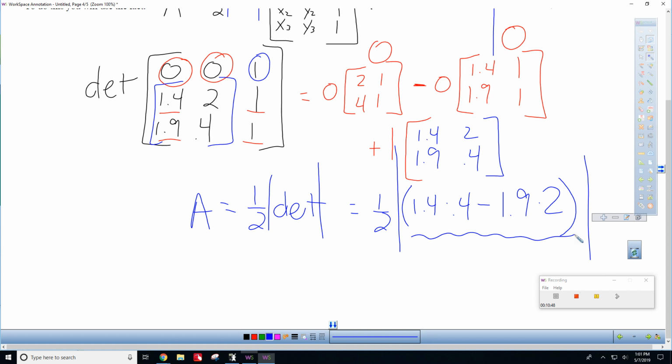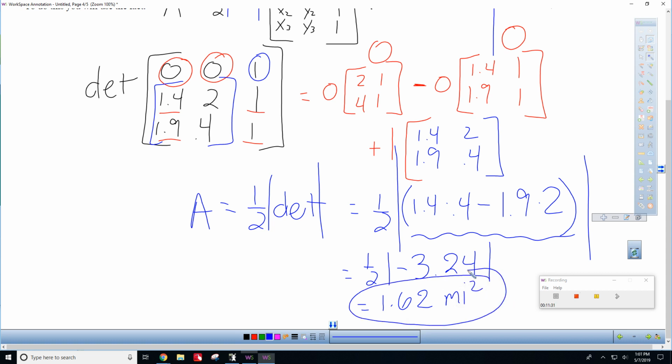So I'm just going to do this on my calculator on the side here. 1.4 times 0.4 minus 1.9 times 2. Indeed, so it's 1/2 the absolute value of negative 3.24. And so you get the area of this is 1.62 square miles.